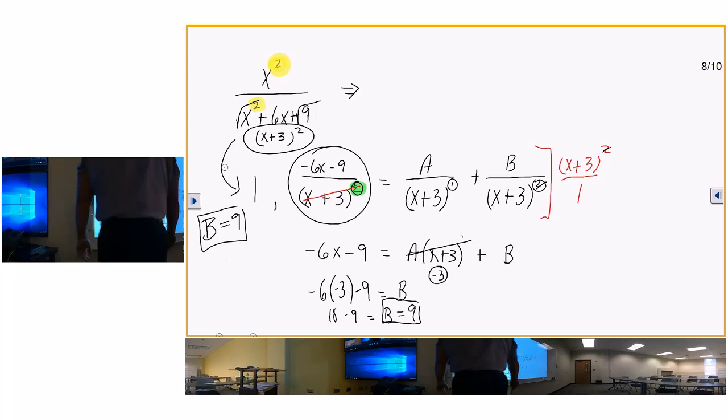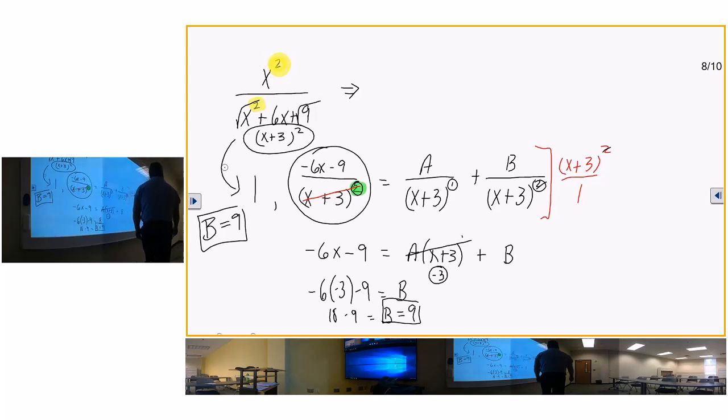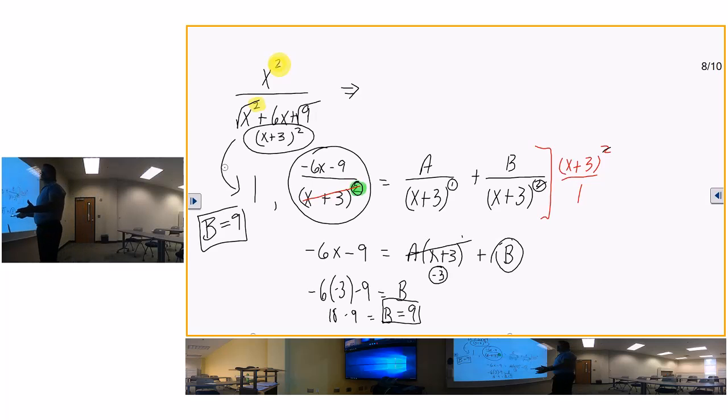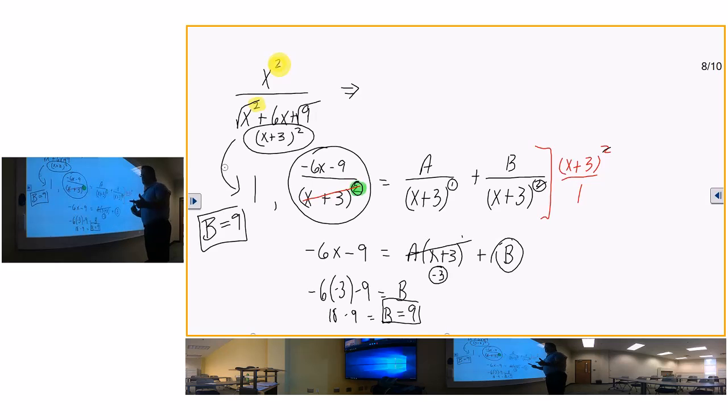Now, the good thing about this problem is when you have a variable by itself over here, and you find out that variable, then you can plug in any number for x and solve it. Okay? Write down what I just said.